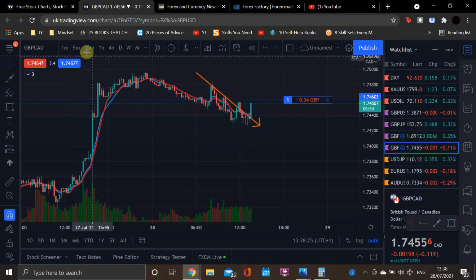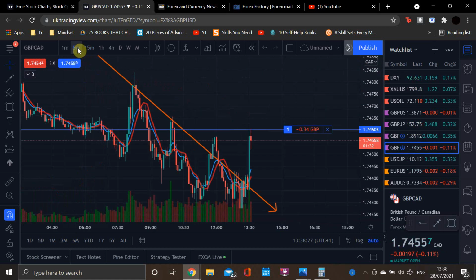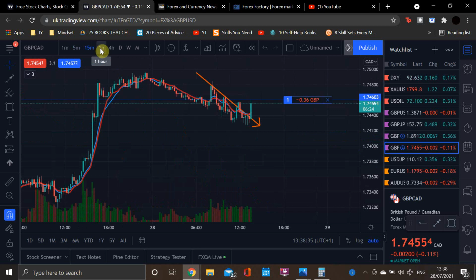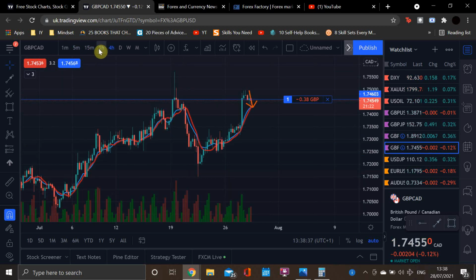as for GBP CAD, I think I rushed in on this because I'm trading off a 15-minute, 5-minute trend line, which is not what I should be doing.